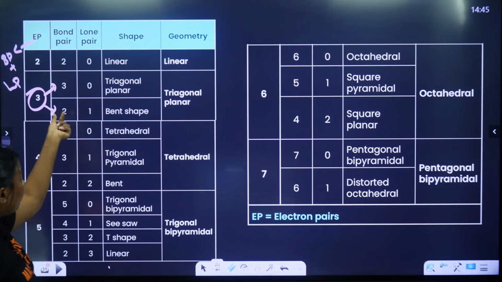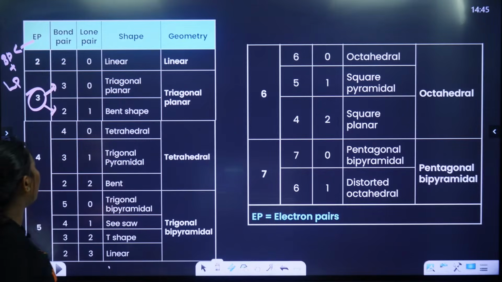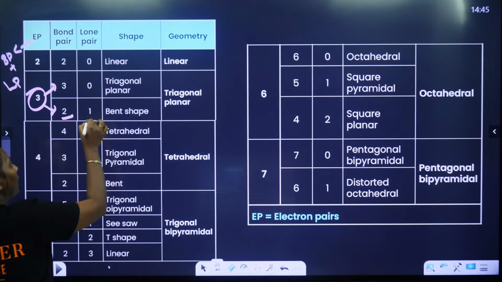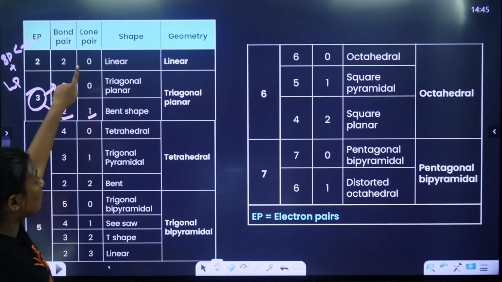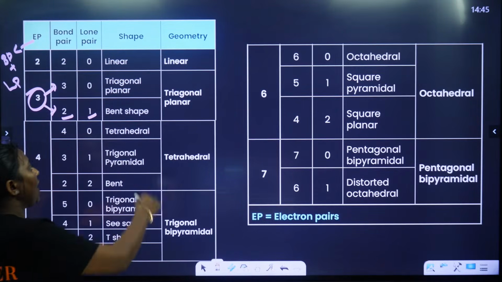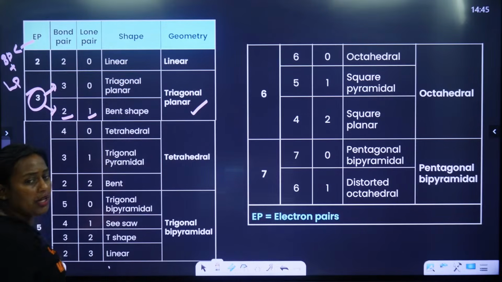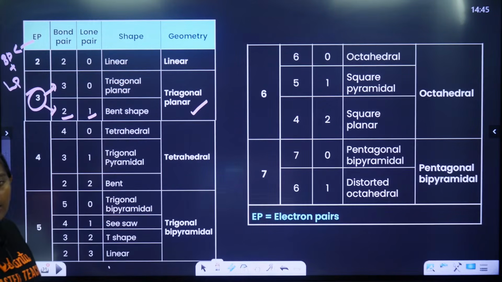Next, bond pair is 2 and lone pair is 1: the shape is bent, and the geometry is the same, trigonal planar, because the electron pair is 3.